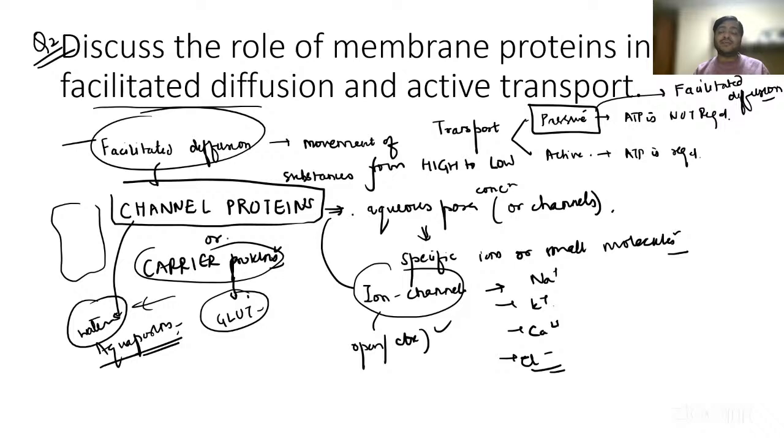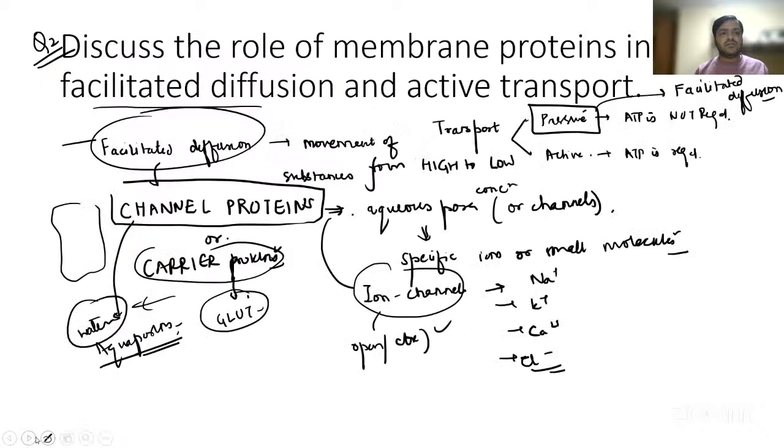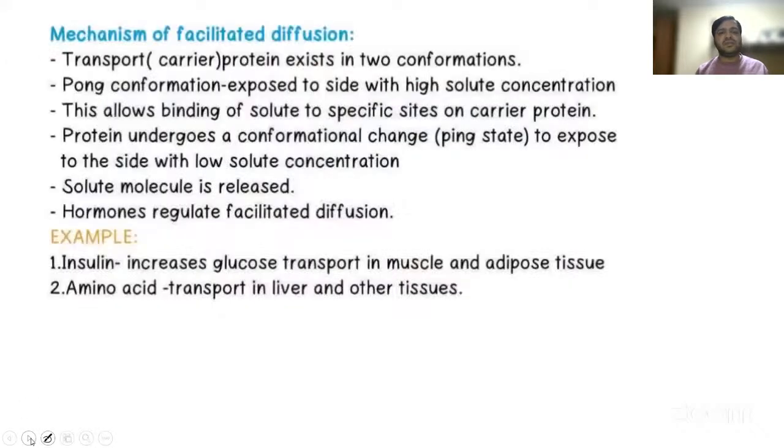If the glucose levels are obtained by the cell in a sufficient manner and the concentration gradients are almost the same, then this facilitated diffusion will automatically stop, right? So that is something you have to remember about facilitated diffusion. These are all given in the notes also, right? So yeah, the same things that I have discussed over here.